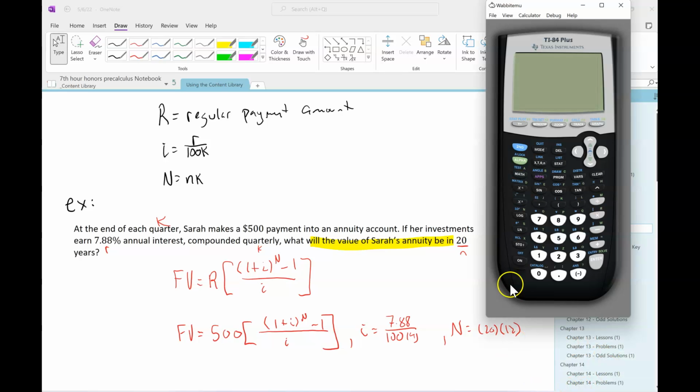And now it's just straight up calculator time. So 500 times. And if you haven't been using the fraction command on the calculator, it's time to get comfortable with that fella, because he is going to be your friend here. Because I'm going to use it a whole boatload of times when doing this annuity stuff.